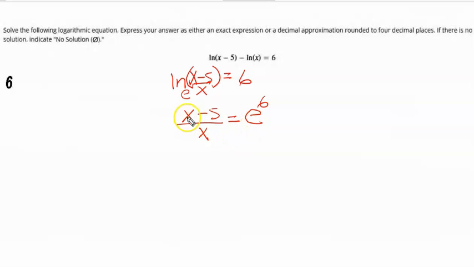But now we have to still solve for x. So we're going to multiply both sides by x. Here the x's cancel out, and we get x minus 5 equals e to the 6th power times x.